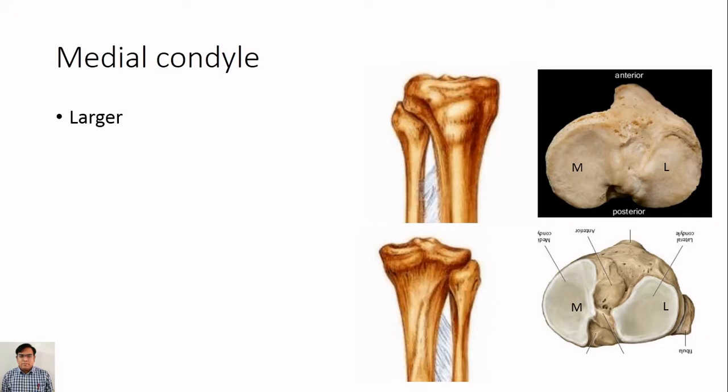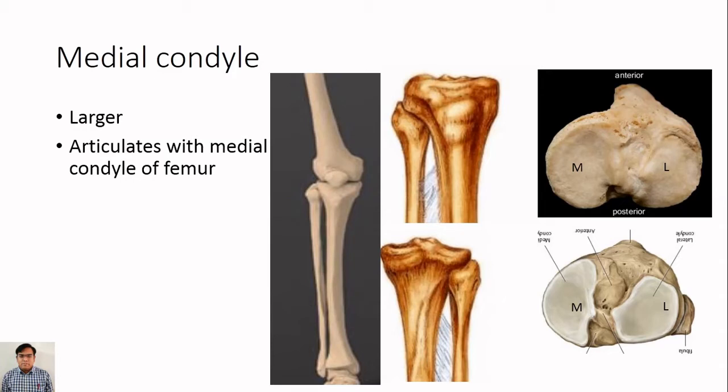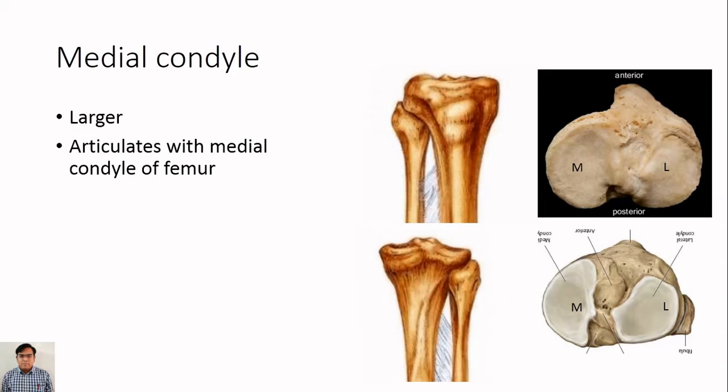Medial condyle is larger as compared to the lateral one, and it articulates with medial condyle of femur as shown in this figure, and the articular surface of medial condyle is oval. So articular surface is oval in shape.